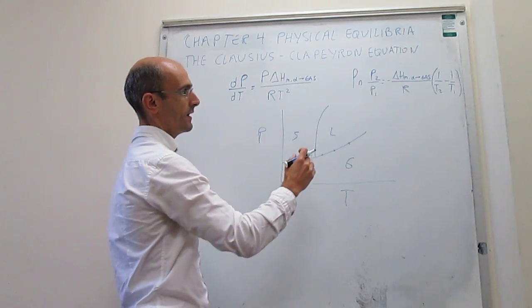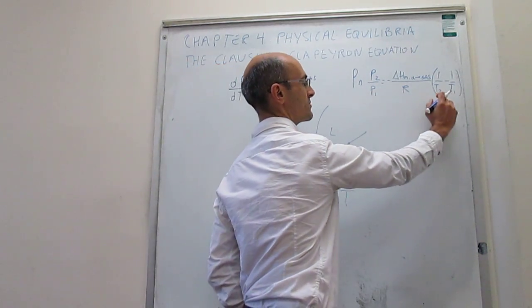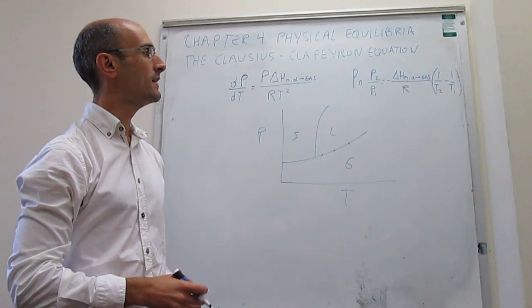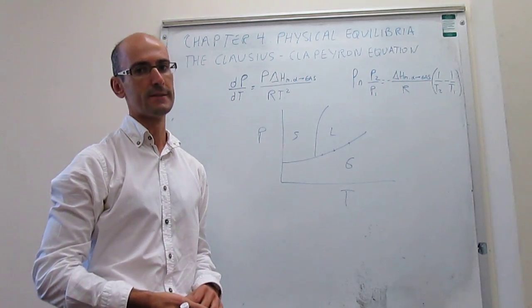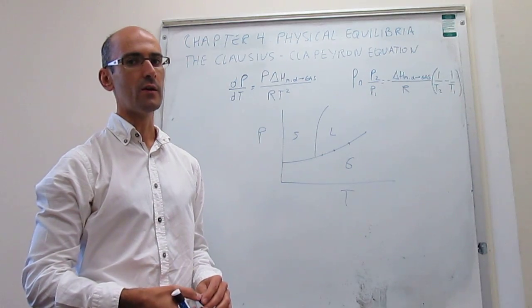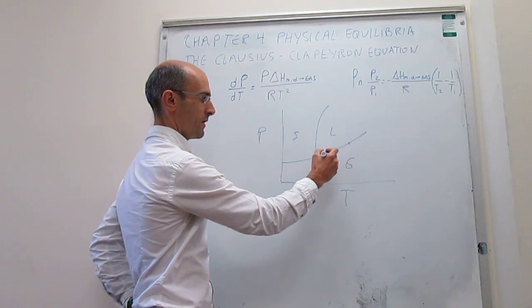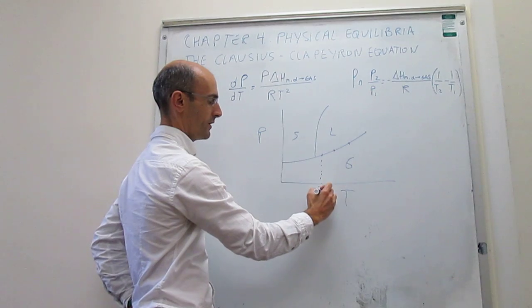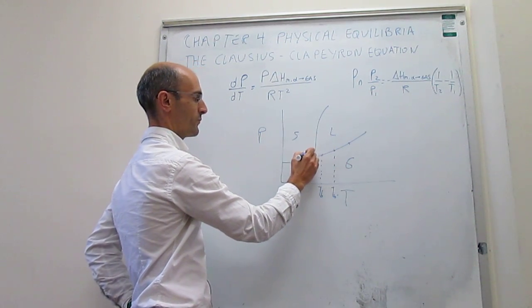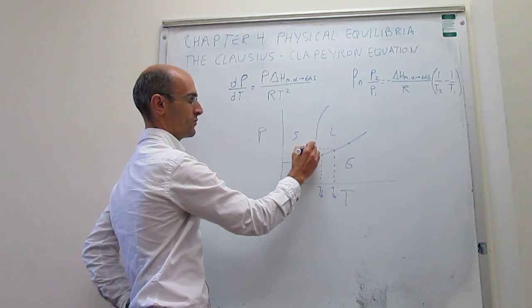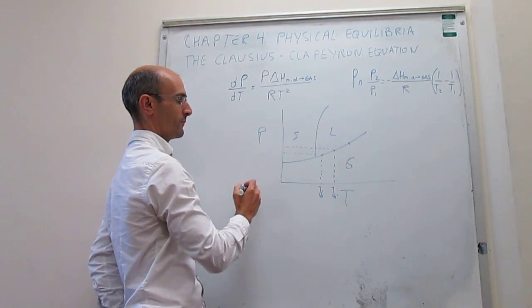Okay, notice that in order to use the integrated Clausius-Clapeyron equation as we have seen it, you actually need to know what the enthalpy of the phase transition is. The question that we ask right now is whether maybe you actually know two boiling points right here, TV and TV prime, and the two vapor pressures, or the pressures at which those boiling points are.